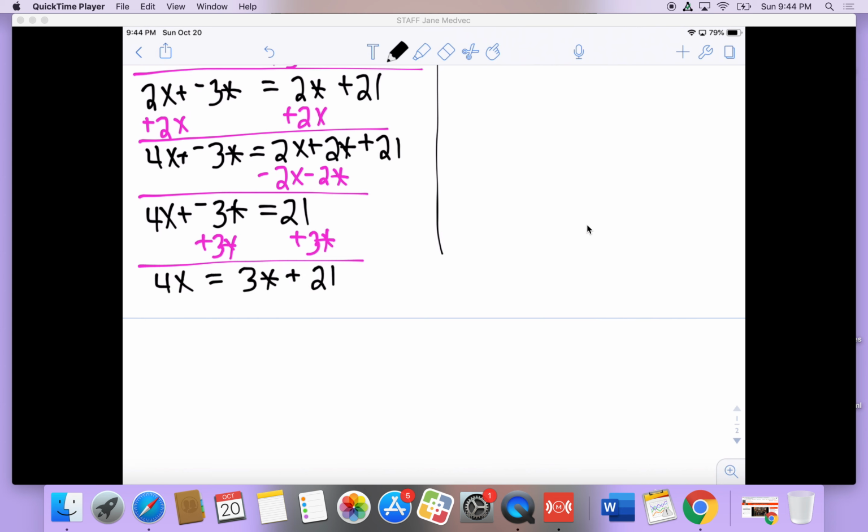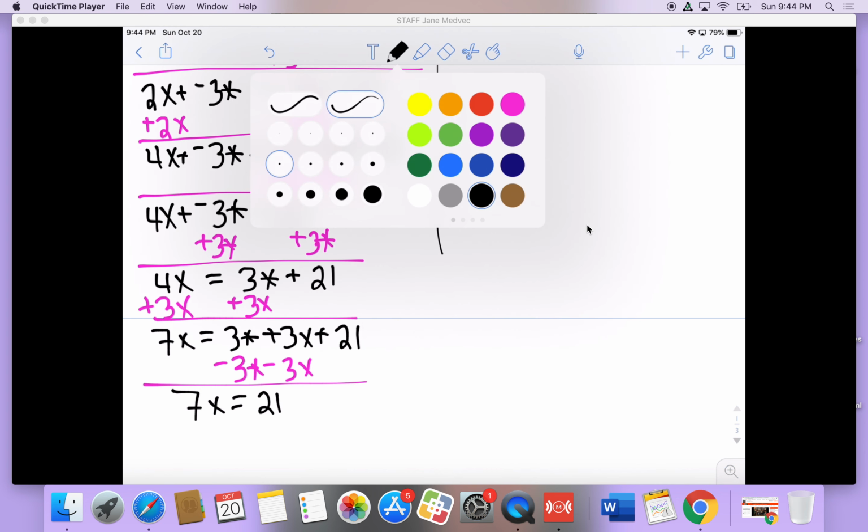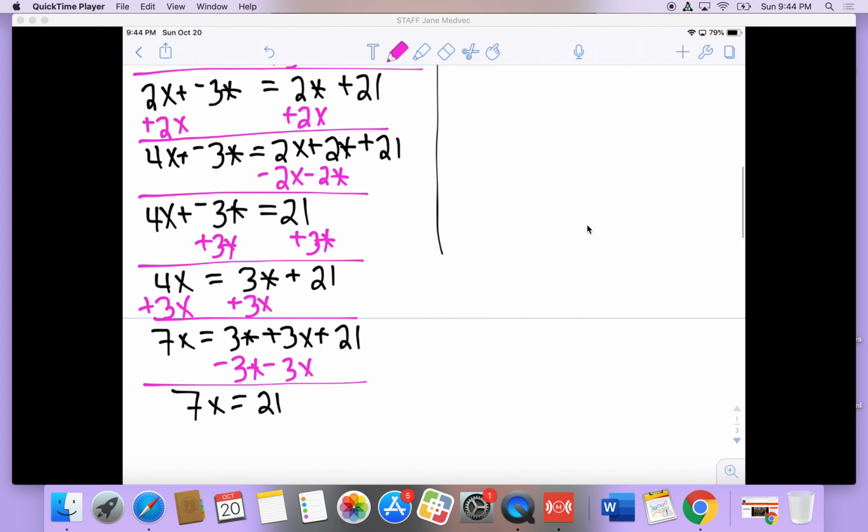And then I'm going to add 3x so I can explode that. Then I'm going to explode. I get 7x equals 21. Then I divide both sides by 7. So I end up with x equaling 3, star equaling -3.